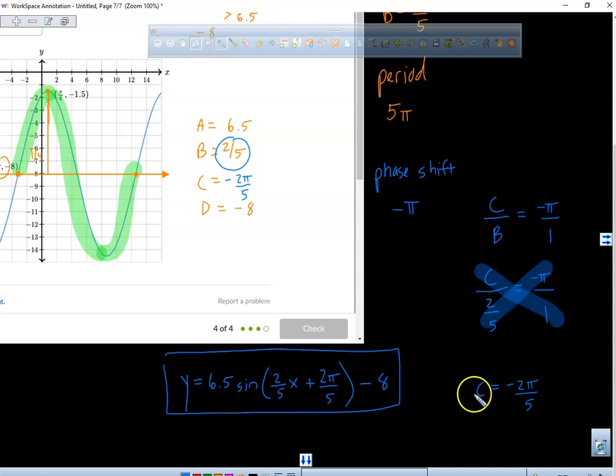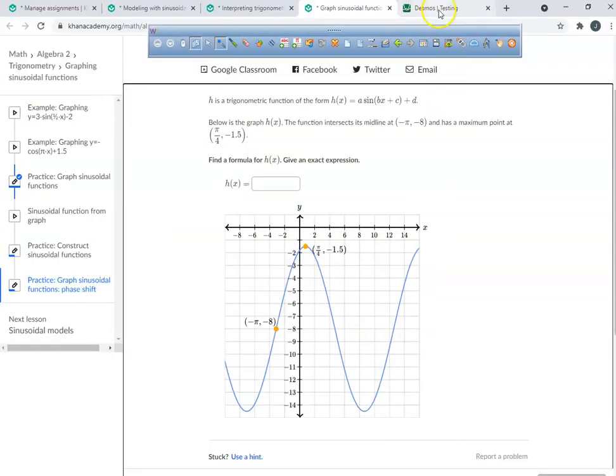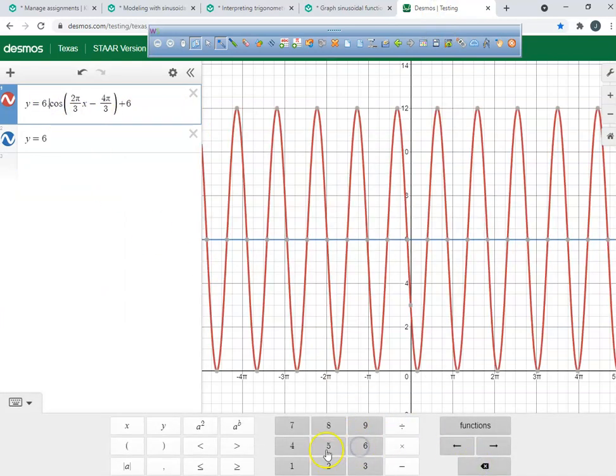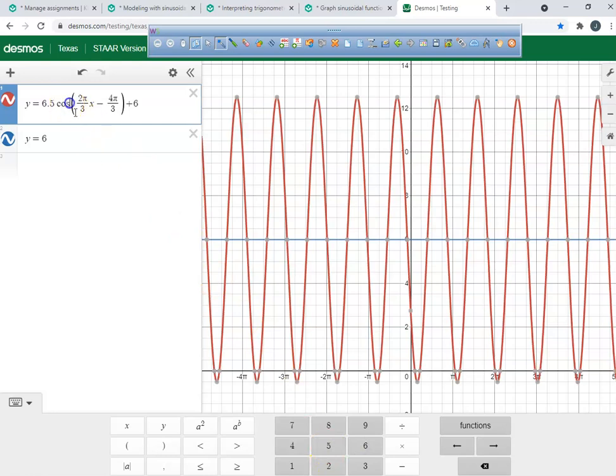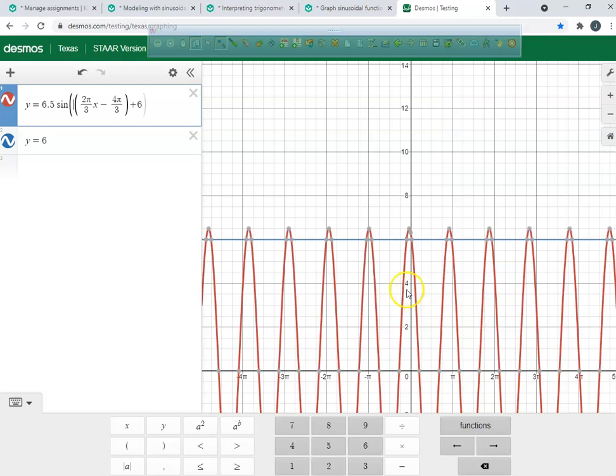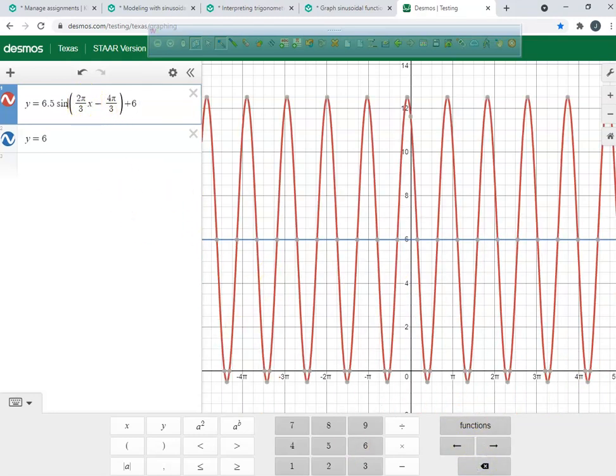Okay. All right, let's see if I got it right here. Before I type it in, let's go to Desmos. That's got to be a 6.5. Got to change that from a cosine to a sine. What else do I got to do?